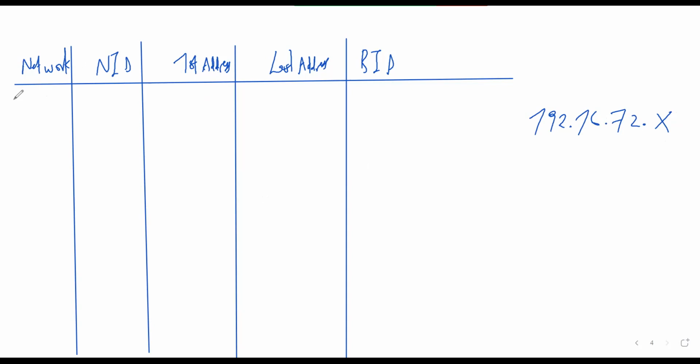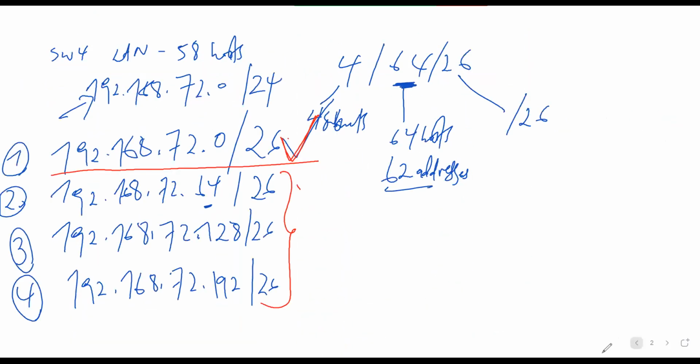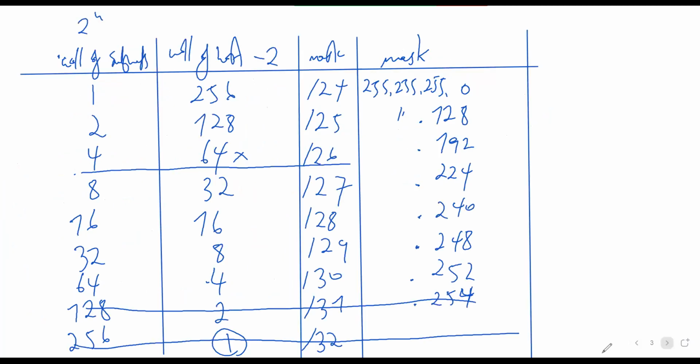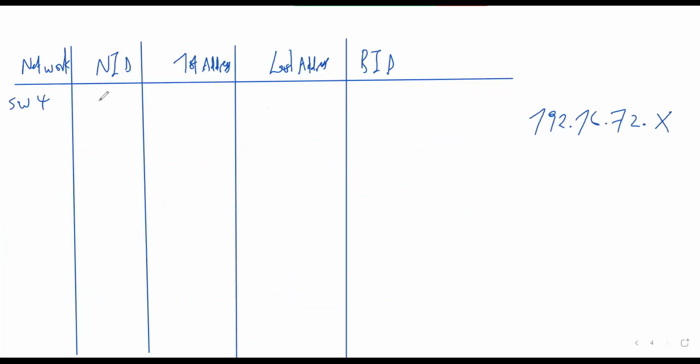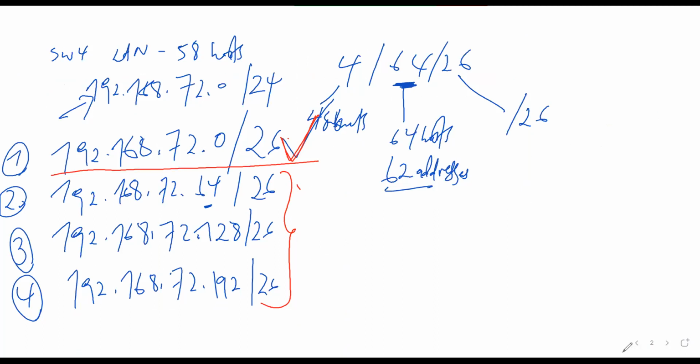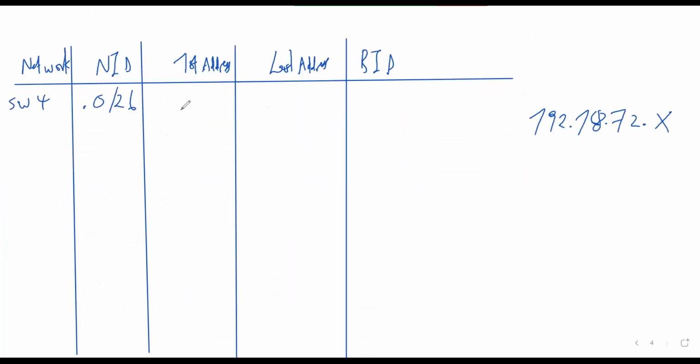The first network we are going to assign is the switch 4 LAN link, I think. Let me check. Right, it's the switch 4 LAN link. So the network is .0/24. The network ID is 192.168.72.0/26. That's the first network we assign there. And the first address will be .1.